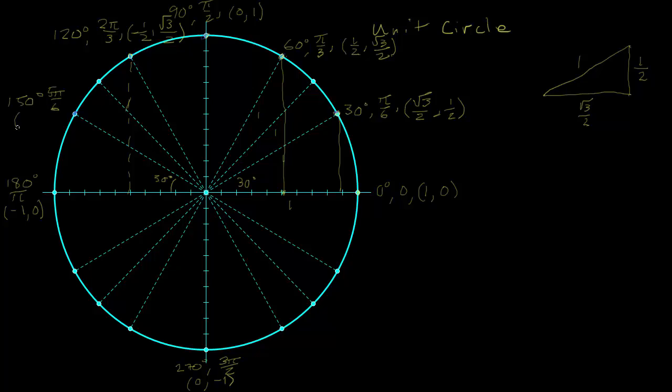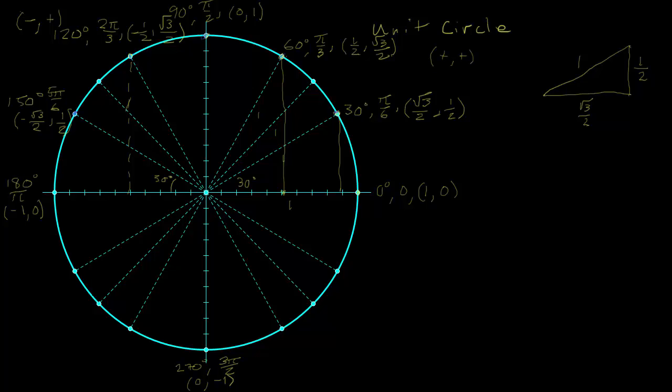And the coordinates, again, the x-coordinate is now negative square root of 3 over 2, and positive 1/2. Now in the second quadrant, all of these x-coordinates are going to be negative, and the y-coordinates are positive. We're here in the first quadrant, everything is positive.